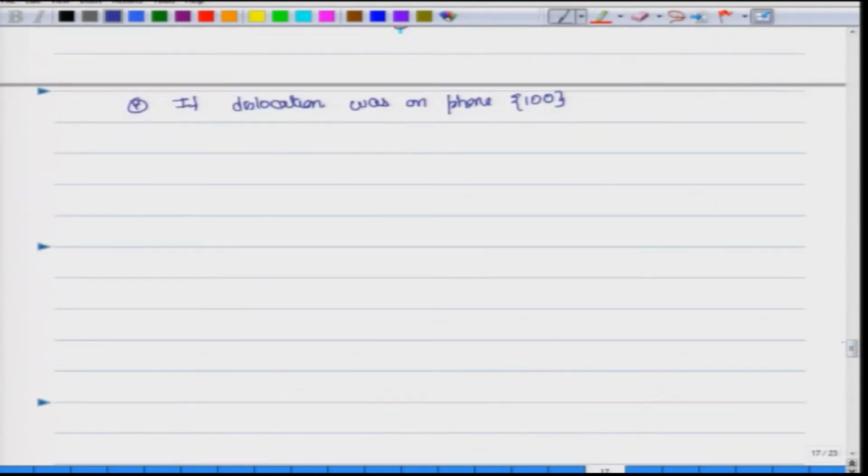So, if the dislocation was on the 100 glide plane, the ions at the bottom of the extra half plane would be of the same sign, meaning that the whole row of atoms would be of the same sign.